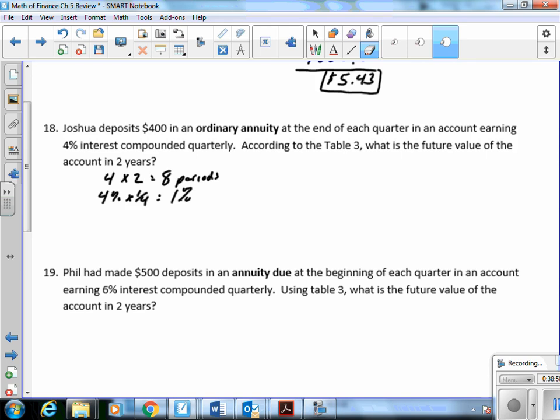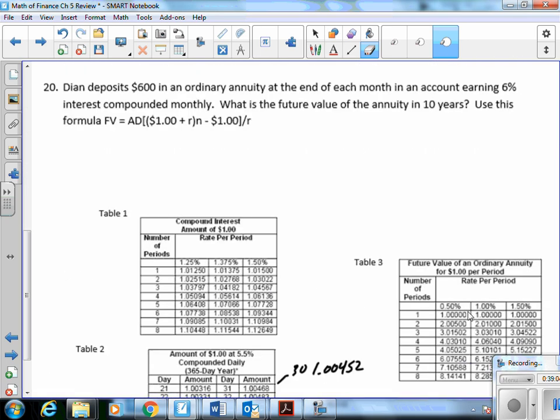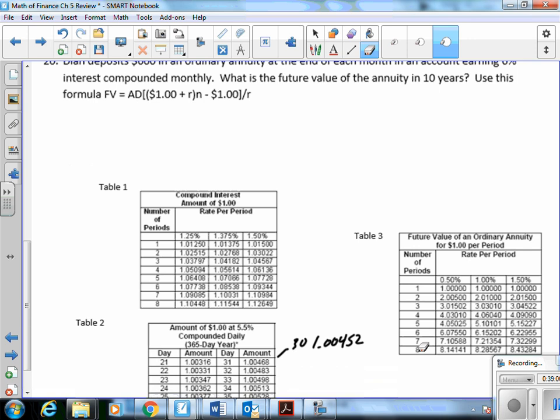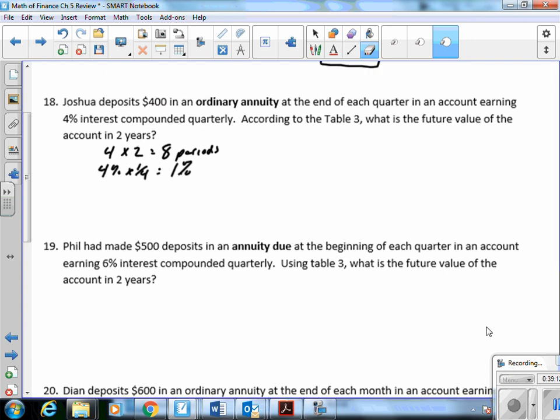So we go to table 3, and we've got 8 periods at 1%, 8.28567. That's the value of $1, equal to 8.28567.